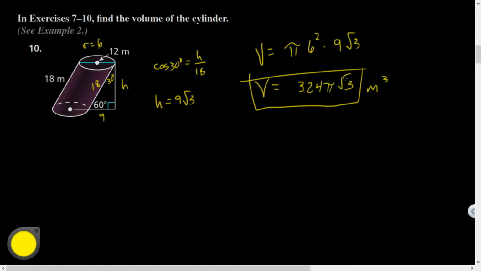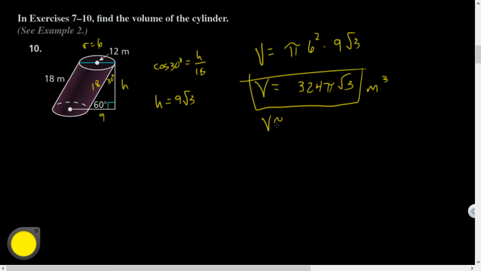The radical goes last, primarily because if I wrote it as 324 times the square root of 3 pi, someone might overextend their vinculum on this square root symbol, and then you would have to question whether or not the pi or the 324, if it was written over here, was underneath the square root or not. So typically a square root will go at the end of your number.